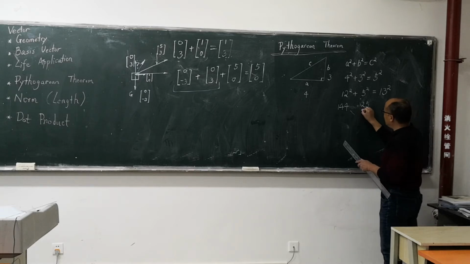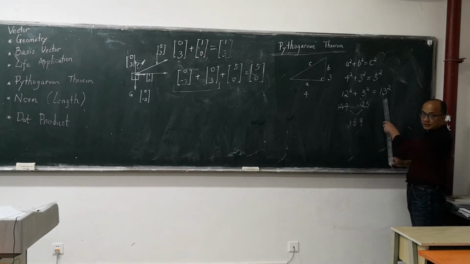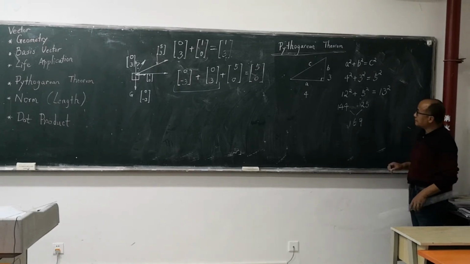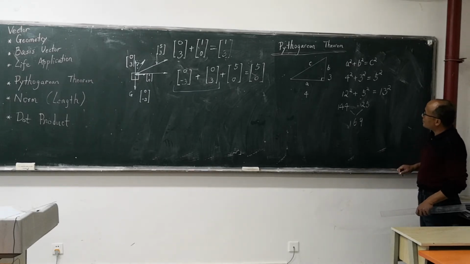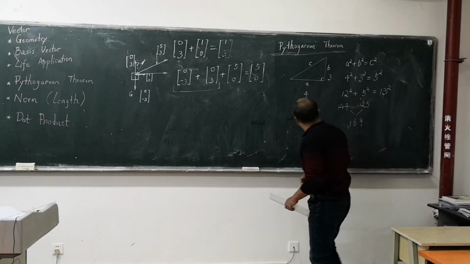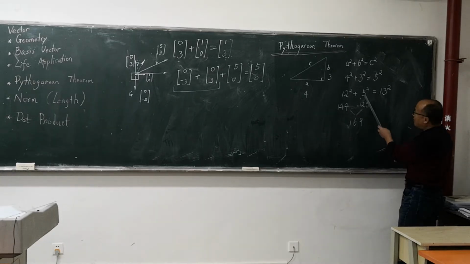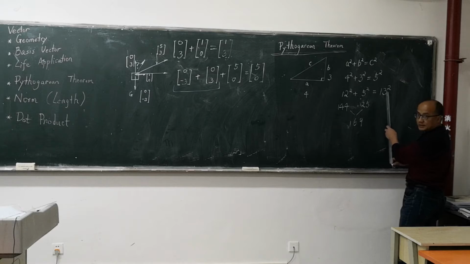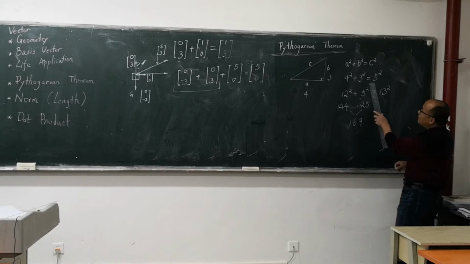Totally is 169. This is 169. Okay. Do you see it? 12 squared plus 5 squared is 13 squared. You can check it.